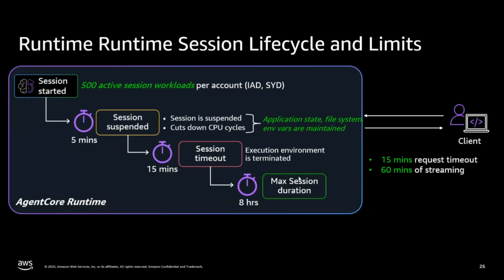Now, the most important one is the max session duration. It's 8 hours, and this is one of the key capabilities of AgentCore runtime. You can maintain some really long session activities. Obviously, 8 hours is still not going to be a limiter. You can run it for days.